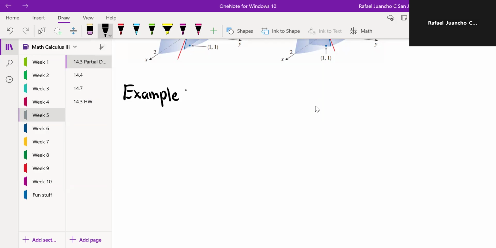So for example 5, we're being asked to find the partial derivative of my z, so my output, with respect to x, as well as with respect to y.